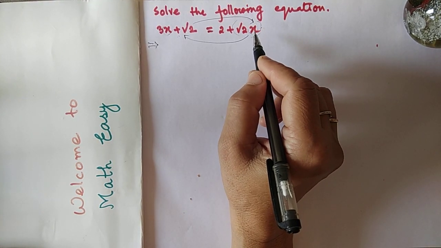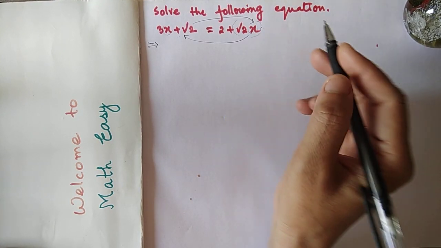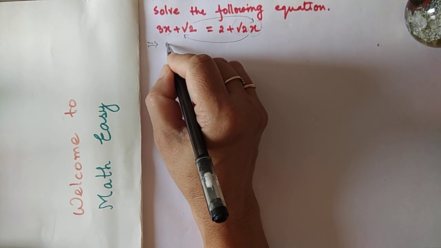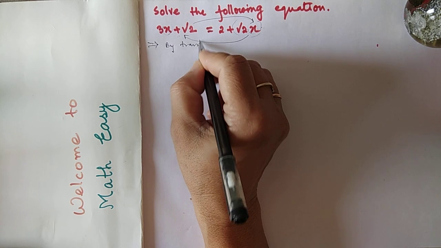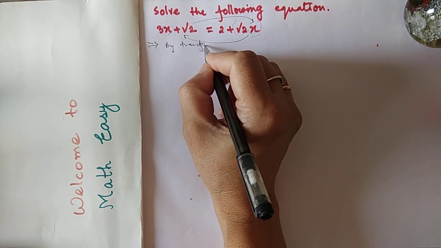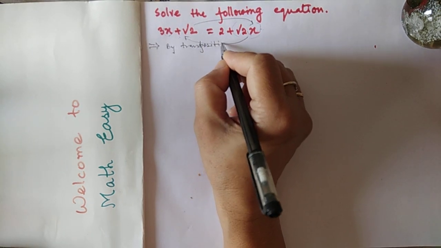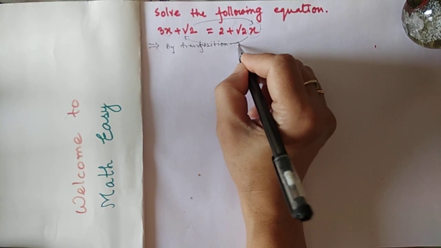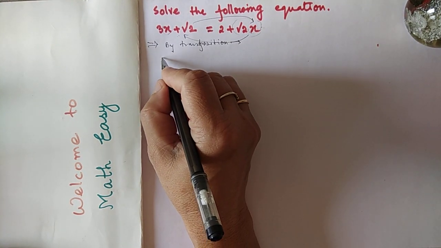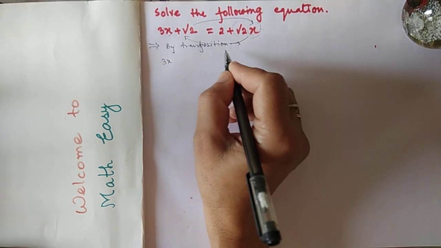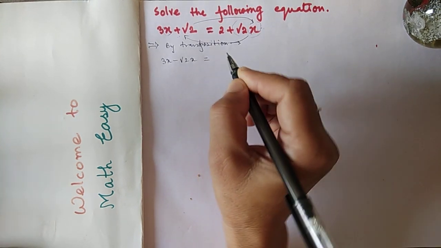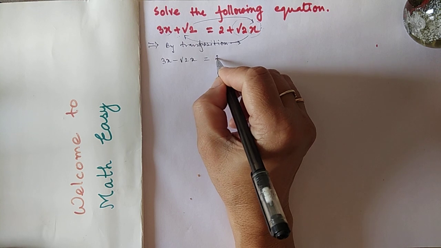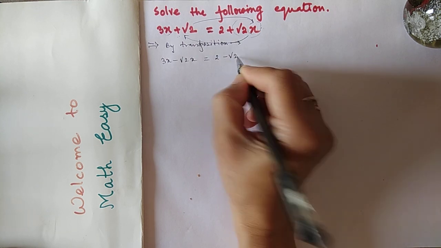We say this is transposing. So we'll write by transposition, what do we get? 3x minus root 2x is equal to 2 minus root 2.